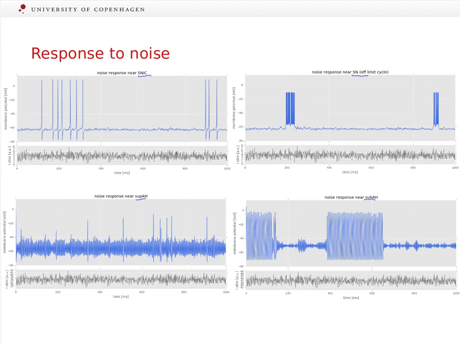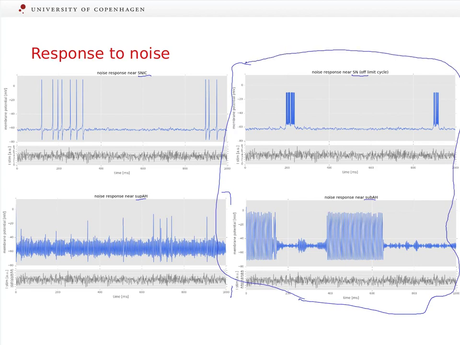It can be readily seen that both systems that are bistable, these two, the bistable neurons, tend to fire spikes in batches. So they tend to produce bursts of spikes. And both resonating neurons have rich subthreshold oscillations.